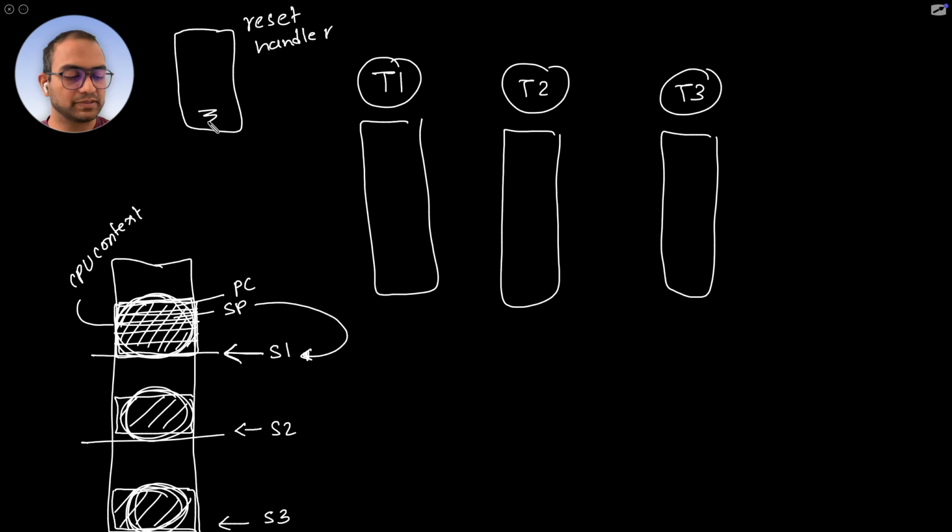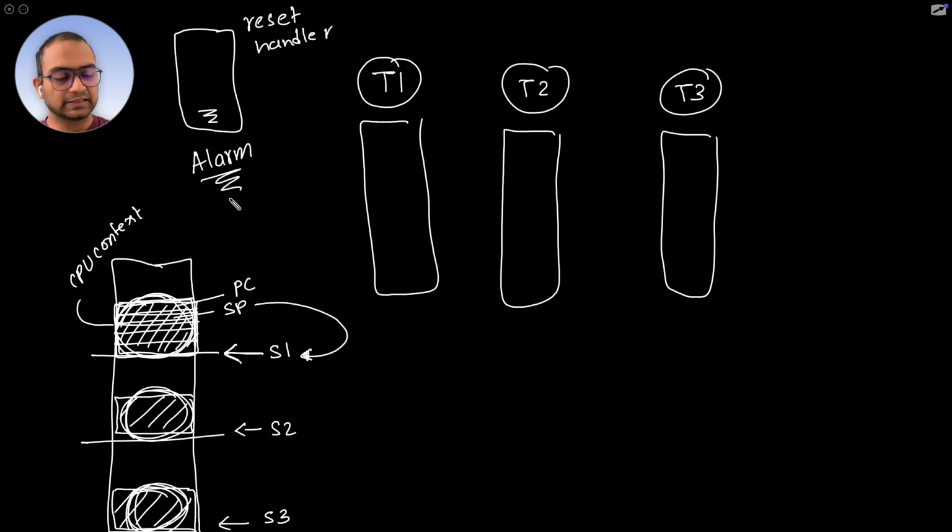And now what happens is, let's say the reset handler is going to program something like an alarm. It's going to program a timer, which we didn't talk about yet, but that is also involved, and we'll come to that in a bit.